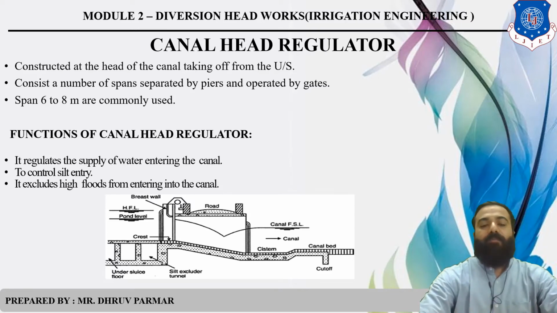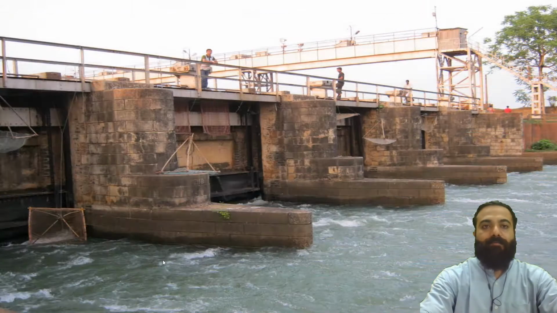Otherwise, in the monsoon season, the inflow of water is very high, so if the maximum amount of water goes into the canal, the canal will be damaged. That's why CHR is provided: the maximum capacity of water entering the canal is regulated by CHR. Clear?